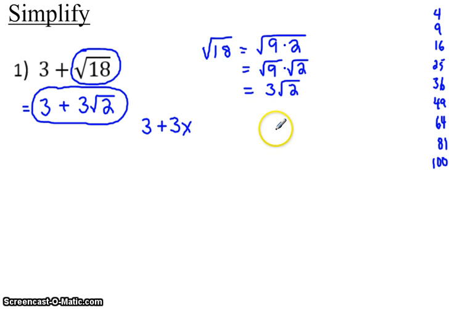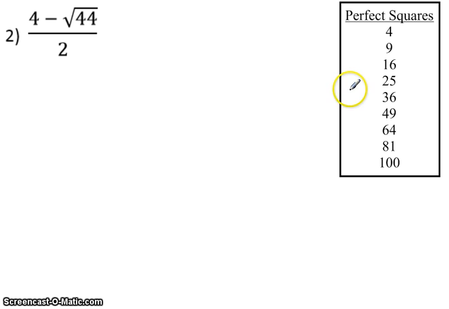Alright, next question. I've already written my perfect squares up here so I don't have to keep writing them for every problem. Just kind of like you only have to write them once on your sheet of paper. Alright, so this is a fraction. We got 4 minus square root of 44 all over 2. So again, the integers we can just leave, but the square root of 44 we got to simplify.